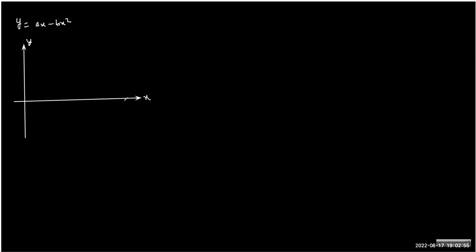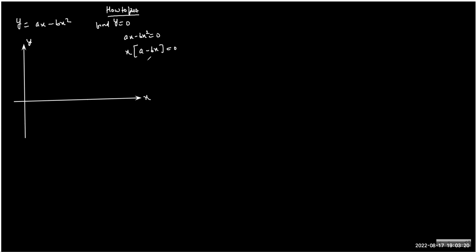To plot the graph, you simply find when y will be 0. As a beginner, you can just write: find when y will be 0. If you put y equals 0, this will give you ax minus bx square equals 0. I can take x common, so I get x times (a minus bx).